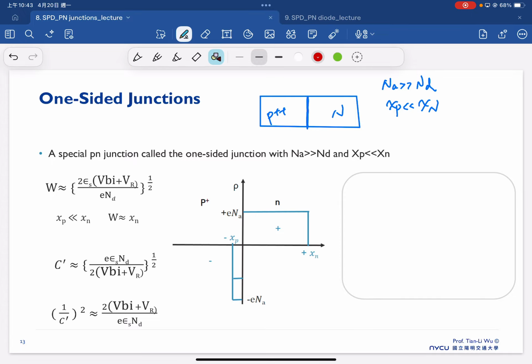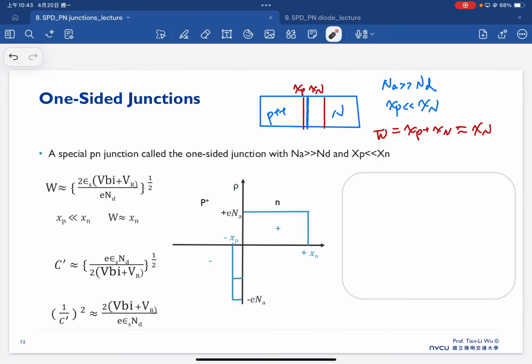So we have xp, and this is xn here. Therefore, the total depletion width, which equals xp plus xn, can be approximated as xn. And this concept is what we call the one-sided junction.